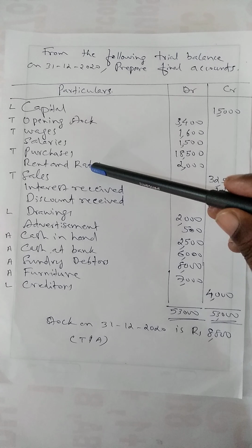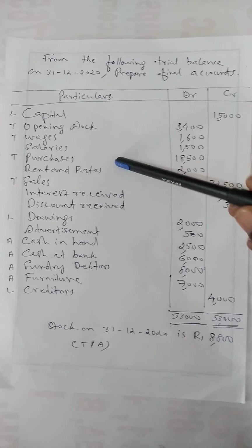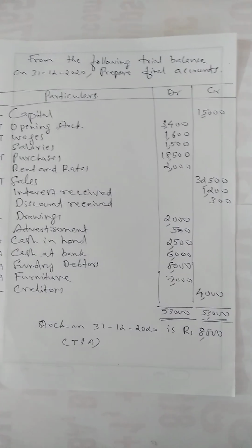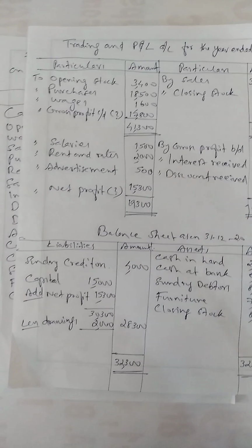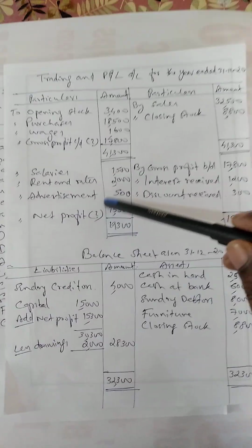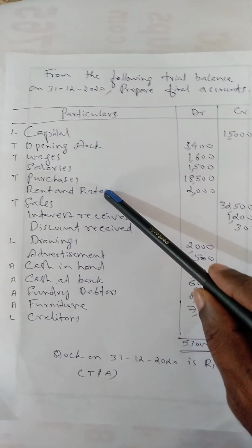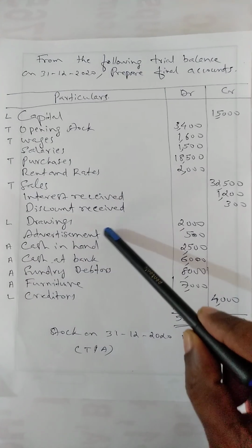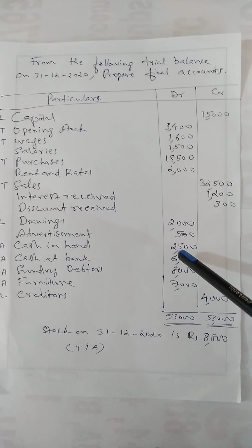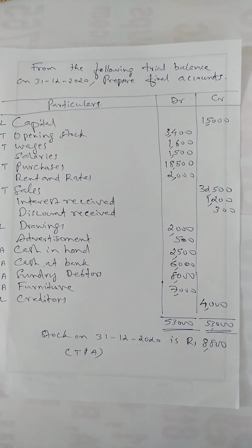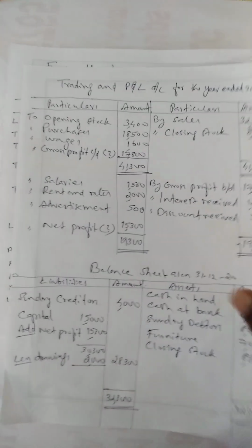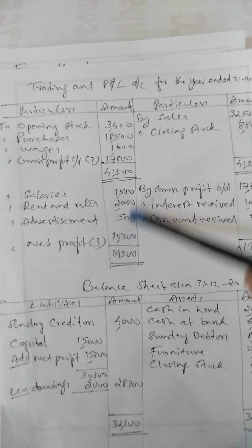Just consider the items shown on the debit column on the debit side of the profit and loss account. That means here salaries, rent and rates and advertisement, these amounts are shown on the debit column. Okay, so these items appear in the debit side of the profit and loss account.